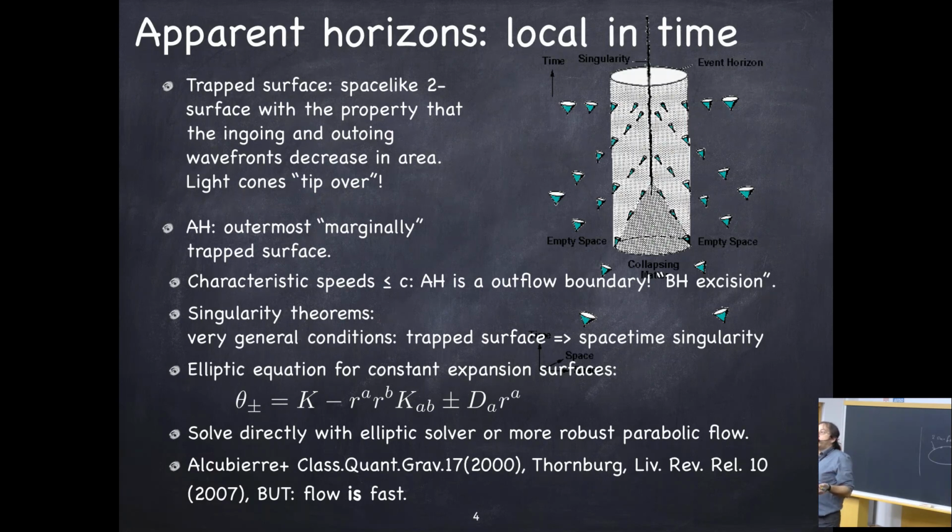Okay? What's going to happen? You will have a wavefront of light which is going out, and you have another wavefront of light which is going in. Okay? In Minkowski space, what's going to happen to the area of this wavefront? The one that's going out will expand, and the one that's going in will shrink, obviously.